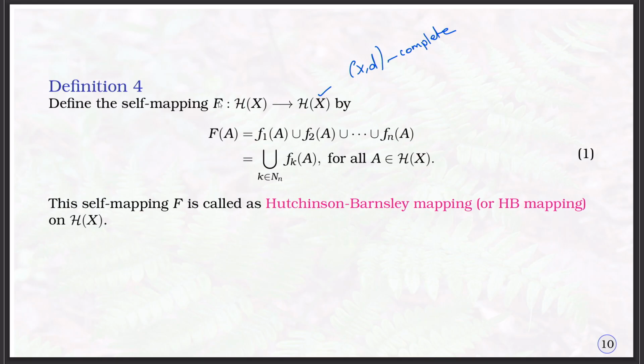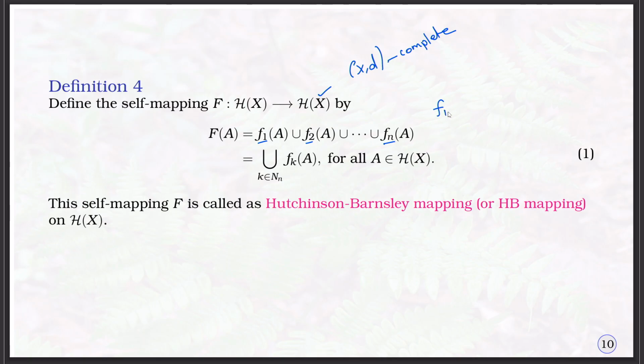Now, we are defining the capital F as a function from H of X to H of X by F of A, taken as the union of F1 of A, F2 of A up to Fn of A, where F1, F2, up to Fn are all contraction mappings.